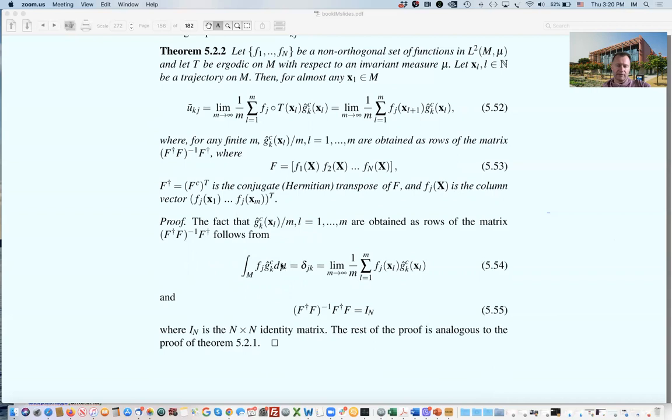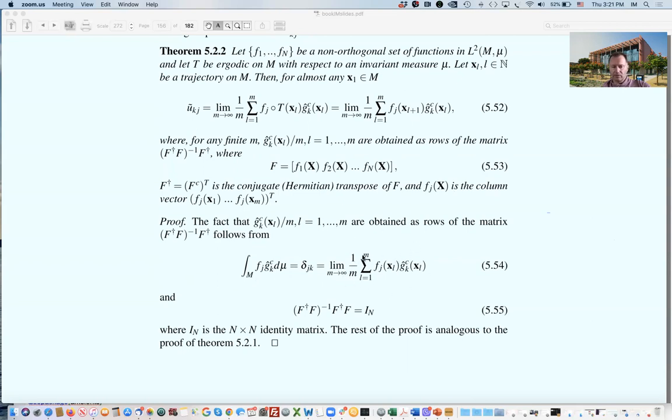All right, so let's prove this. So mu, again, is an invariant measure. And so we know this relationship. The Fj inner producted with the complex conjugate gives us delta jk's, yes? But we also know from the Birkhoff ergodic theorem that this integral here can be represented as the time average, yes?